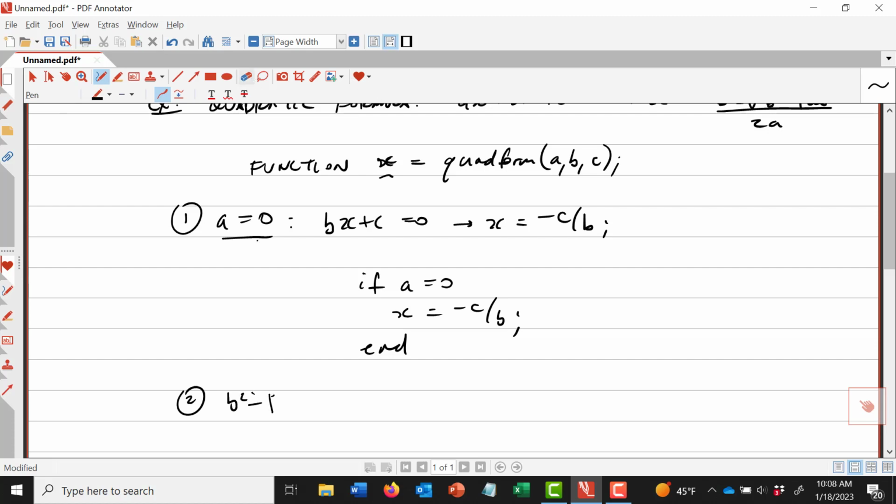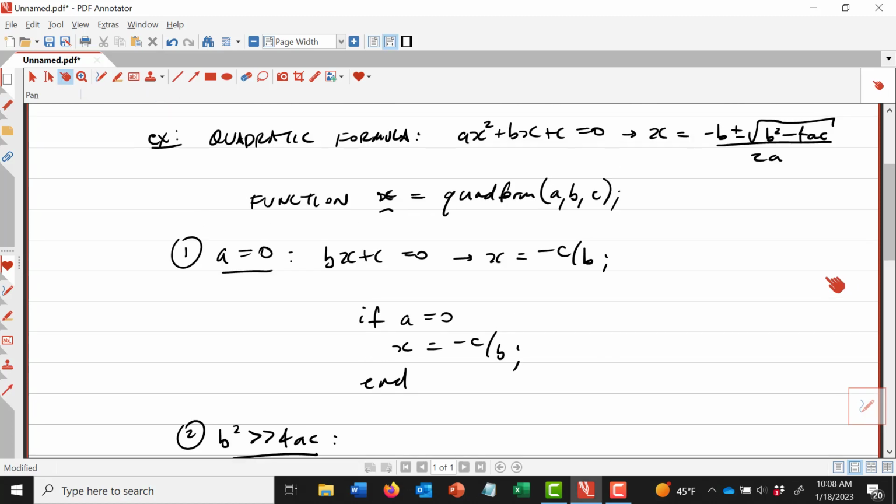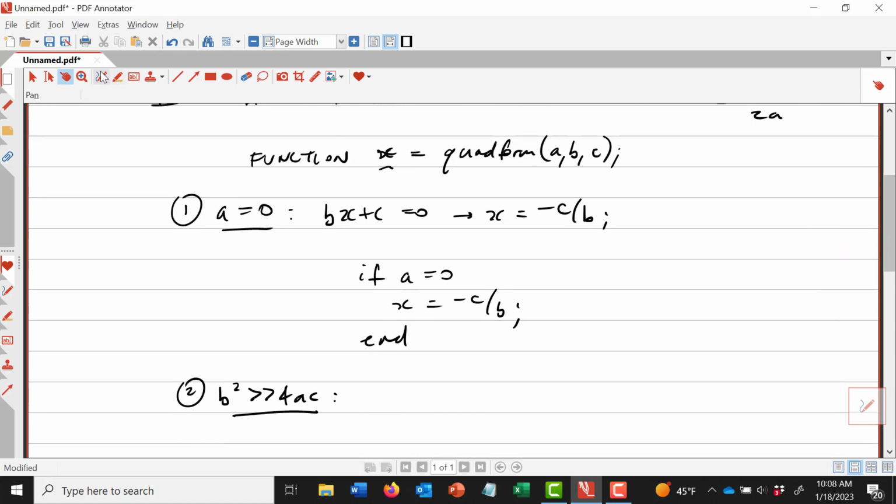So b squared much, much larger than 4ac. So the quadratic formula up above, to solve for the roots in x, I'll just write it again here. So minus b plus or minus the square root of b squared minus 4ac all over 2a.